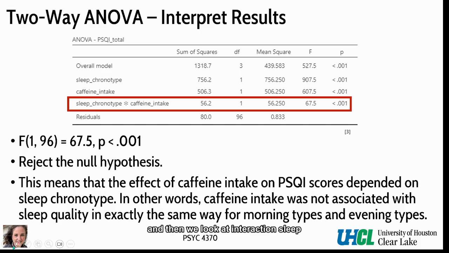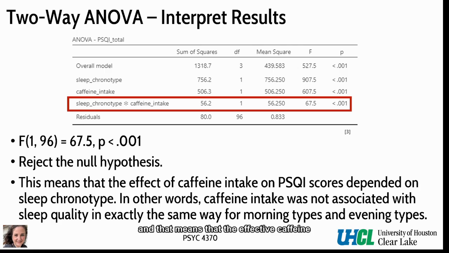And then we look at interaction, sleep chronotype and caffeine intake. We also reject the null for that, because 67.5, which was our F for 1 and 96 degrees of freedom, was significant with a p-value of less than 0.001.